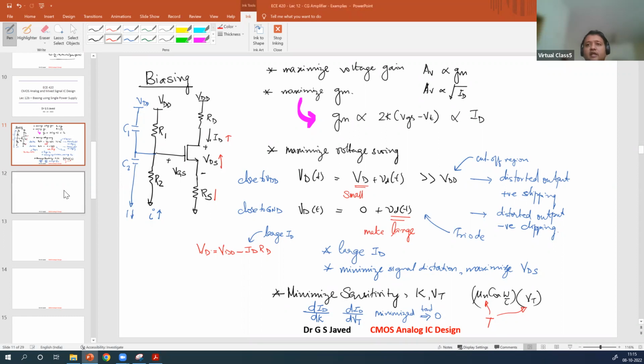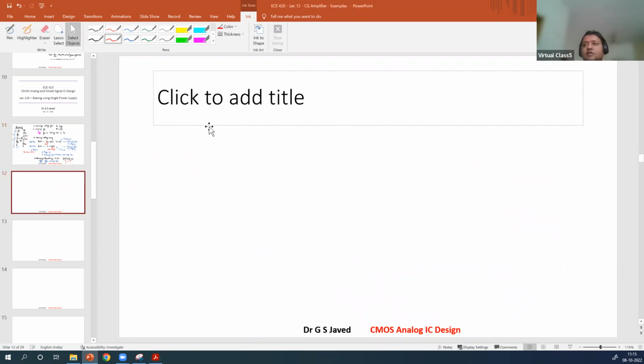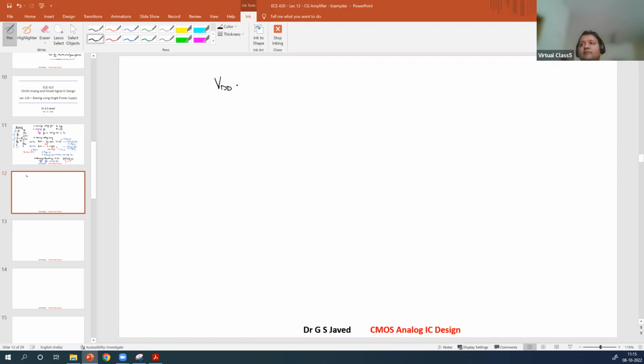Now let us write this in the form of an equation and see what it contributes to. If you take the KVL across the output loop, you have VDD minus IDRD, the drain side drop, then VDS, the drop across the transistor, and lastly the drop across the source resistor.